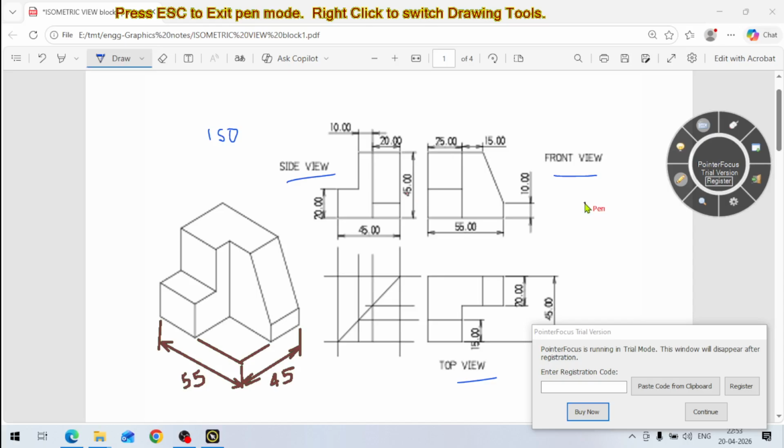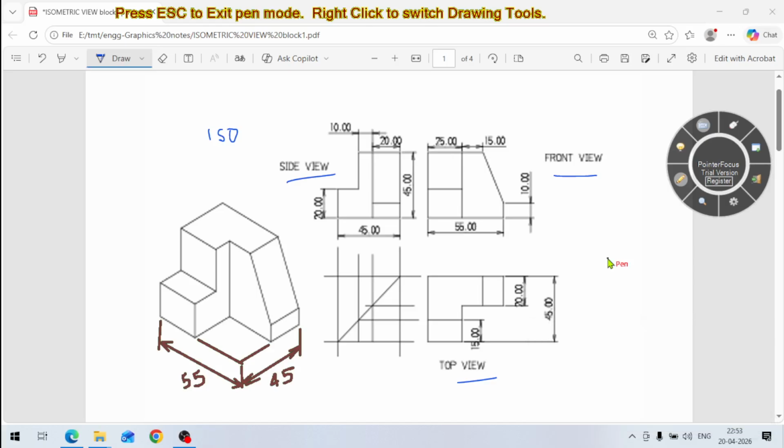Again I have to go for this line, and now I have to draw one line here also like this.